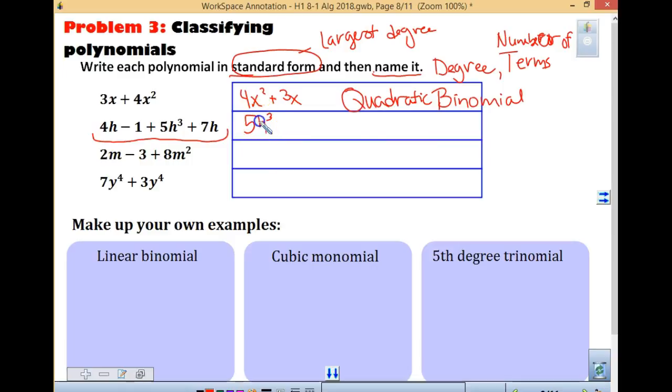Yep, which gives us how many h's? 11h. And then I have minus 1. So it started off with a polynomial. We ended with, if we are looking at the degree, what would we call it? Okay, what are we going to call it because of the degree of 3?